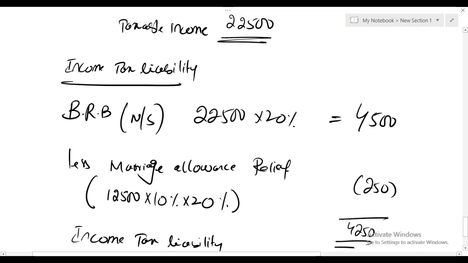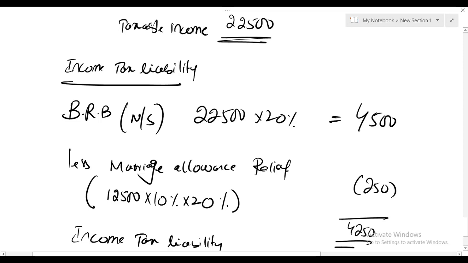You do not have any choice. So for marriage allowance, what was necessary? One is obviously marriage, another is husband and wife both must be basic rate taxpayer. Both must be basic rate taxpayer.